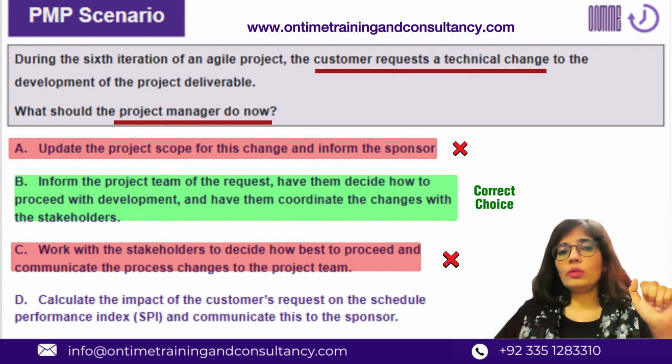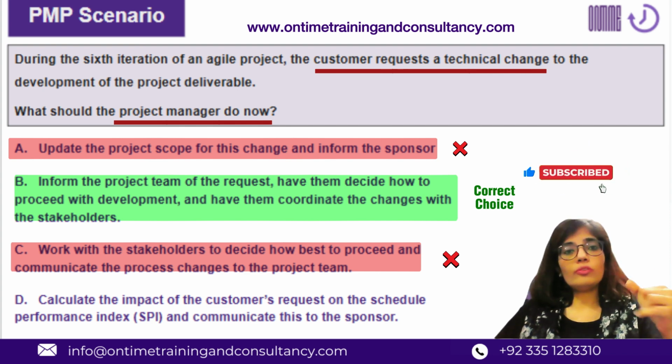Maybe in the real life project use cases, this happens, but this is not the right thing or the best thing to do, right? If those people who actually are going to work on that technical change are not going to be involved, how later on they are going to own the sprint backlog or these technical changes? They are never going to do that.